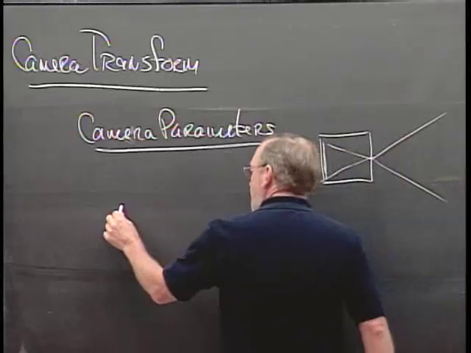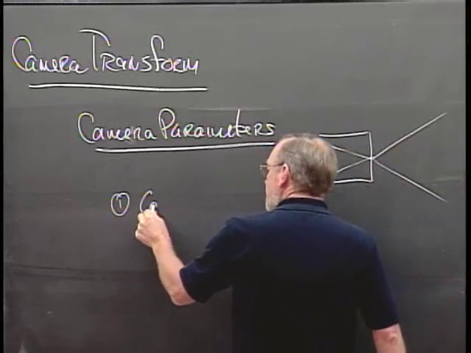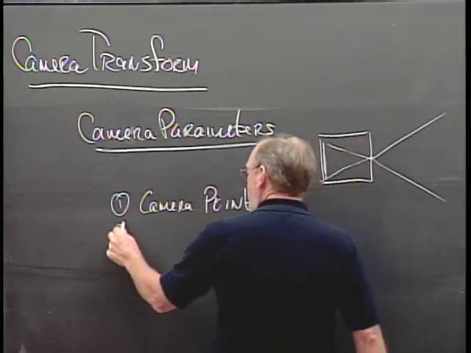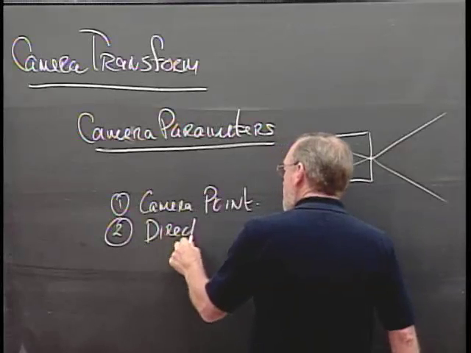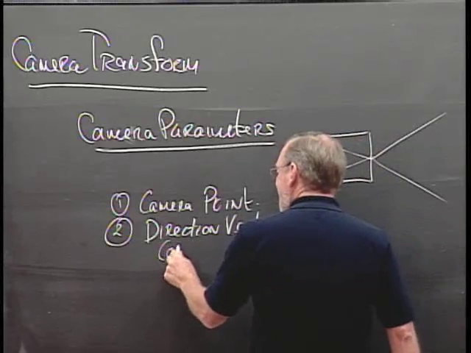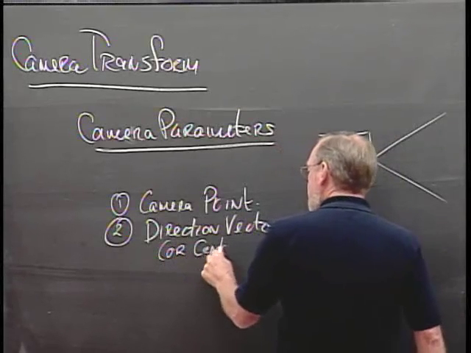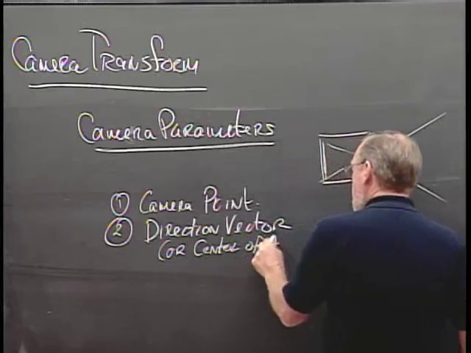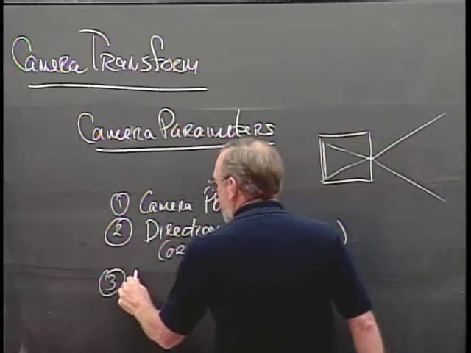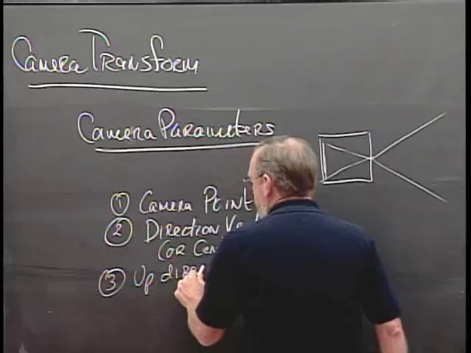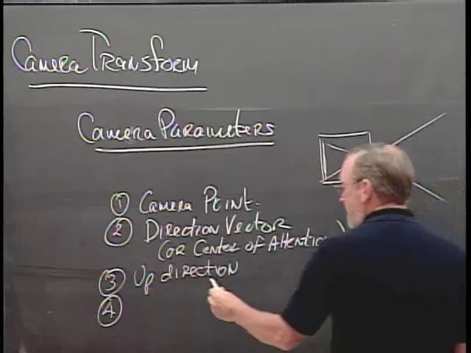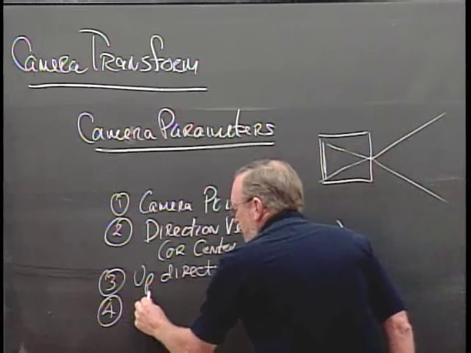So we use these things. We use a camera point, a direction vector, or something called the center of attention. We use an up direction. We use an angle of view.